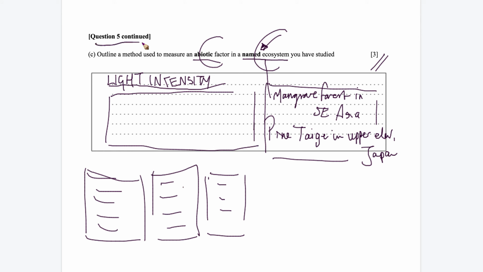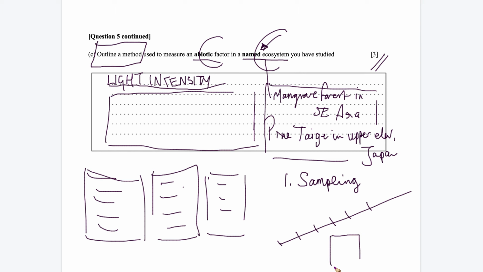Now, whenever you're asked for a method, the first thing you need to do is talk about how you're going to set up your sampling. For example, are you going to run a transect through the forest and take measurements every meter? Are you going to compare 2 areas and take samples of particulate matter to look at air pollution in those two areas?